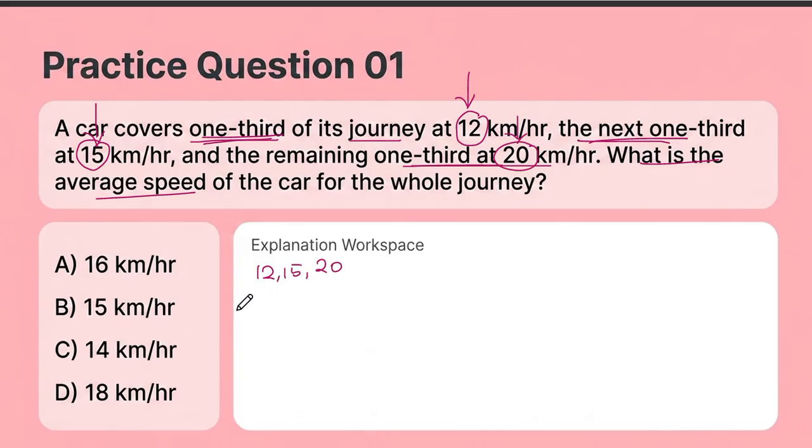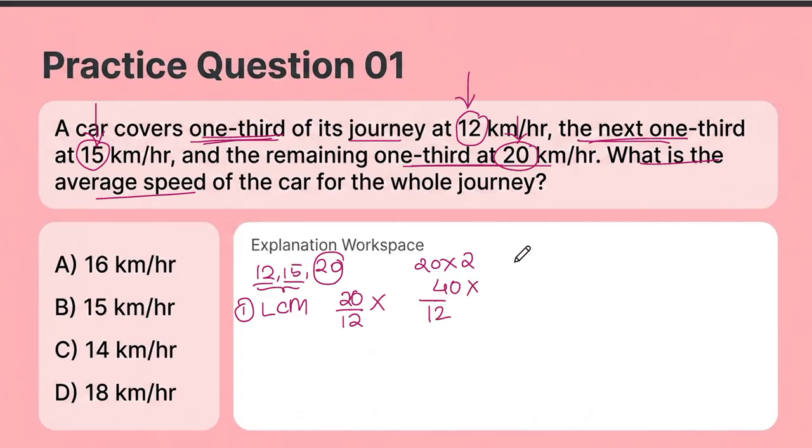Let's find the first part, the LCM. How to find the LCM? Look at the biggest number, which is 20. Is 20 divisible by the remaining two numbers, 12 and 15? No. So scale up 20 by 2, which is 40. Is 40 divisible by 12 and 15? Does 12 divide 40?